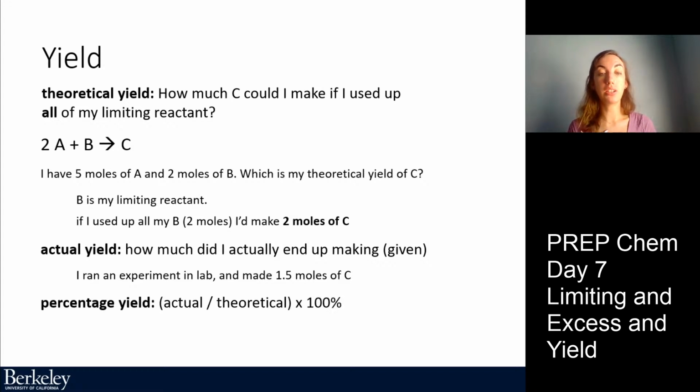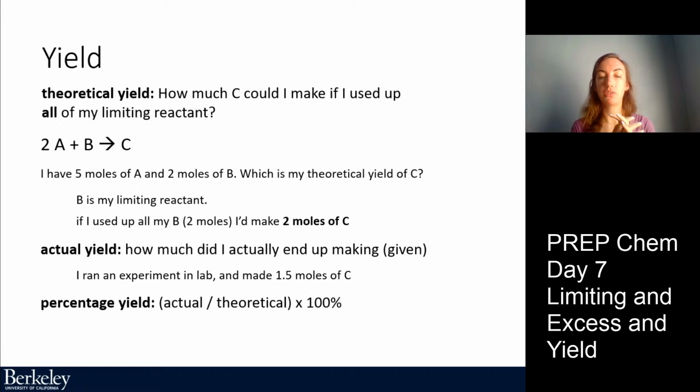And then my percentage yield is just actual over theoretical, which is a fraction, and so we multiply it by 100 to get a percent. So this is basically how close did I get to my theoretical yield. If I was in practice able to use up all of my limiting reactant, then my actual yield would be the same as my theoretical yield.